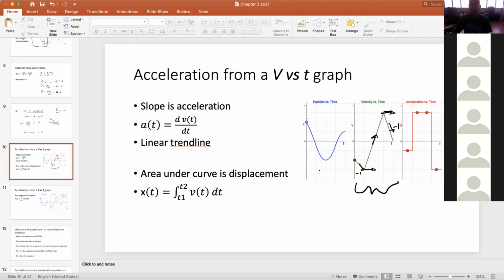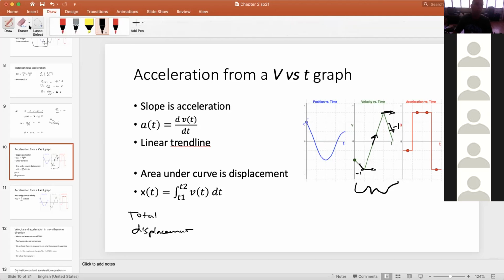However, something kind of cool that you already know, I hope, is the position, the total displacement. I got ahead of myself for a second. The total displacement is the area under the curve of the V versus T graph. How do you know that? Well, let's just treat dt as if it were actually time.